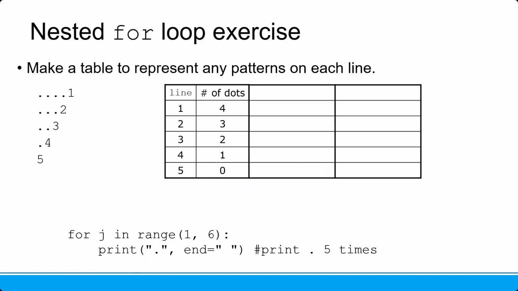So the idea is the same with the problems that we learned before. If this is line number 1, the number of dots is 4. If it is line number 2, the number of dots is 3. If it is line number 3, the number of dots is 2.